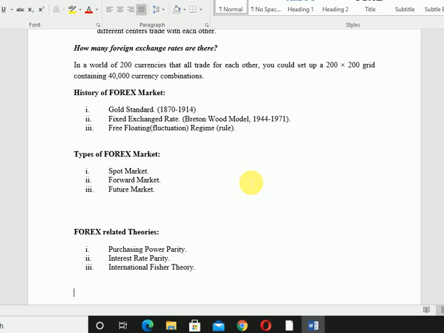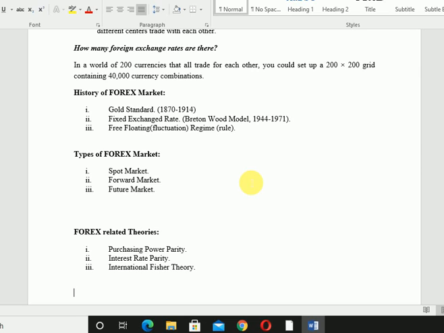International Fisher theory. Fisher was a United States mathematical economist, and he provided different theories. One theory he gave, on the basis of which we can find out the future spot rate.